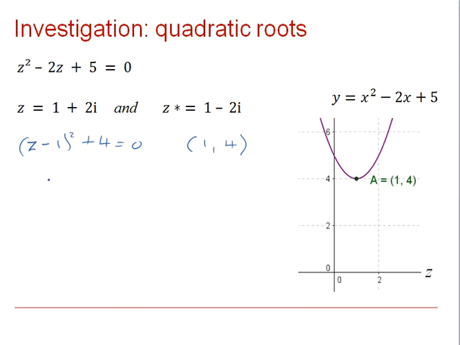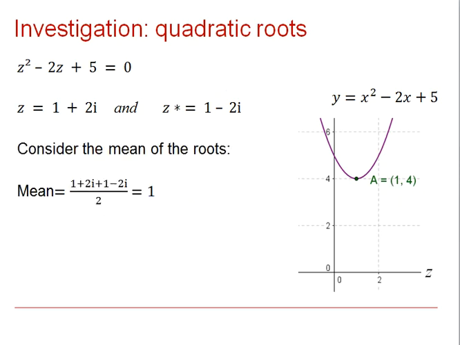If we look at the mean then of these two roots, we would have 1 plus 2i plus 1 minus 2i, divided by 2. Obviously, with the complex conjugates, we expect the imaginary parts to cancel, leaving us 2 over 2 or 1, which indeed is what we are expecting.